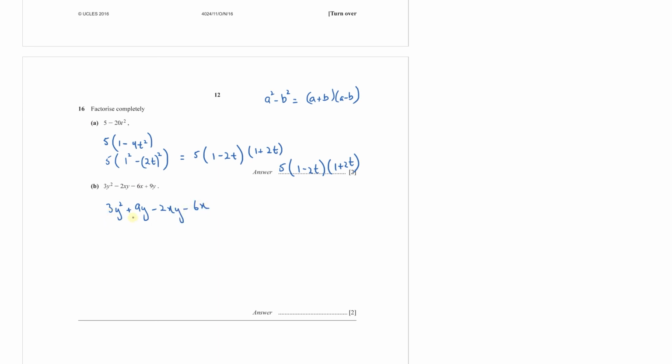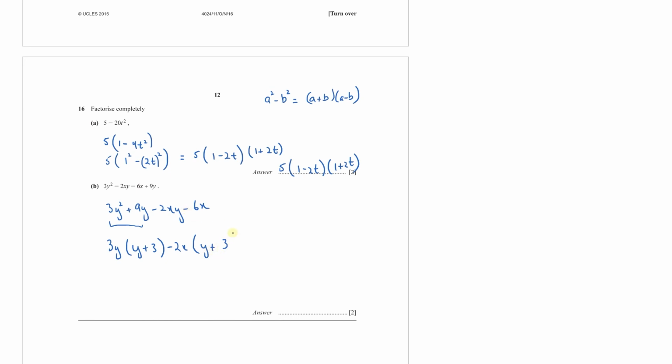Now I can take 3y common from these two values. So this becomes 3y times y plus 3. And then I can take 2x common from this. So minus 2x, and this becomes y plus 3, because you have a minus sign here, so this sign will change.